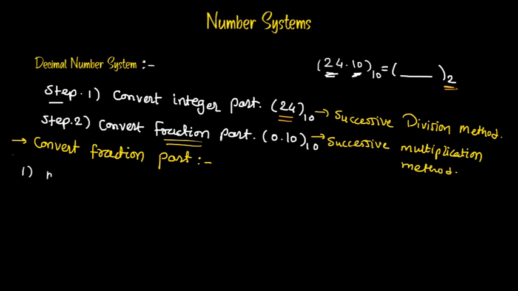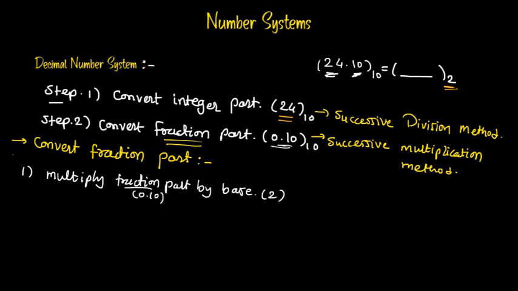Multiply the fraction part by the base. Here the base is 2, and the fraction part is 0.10 in the decimal number system.